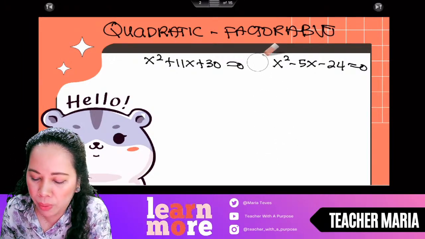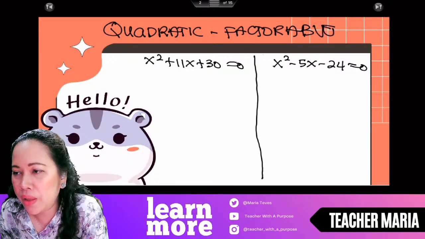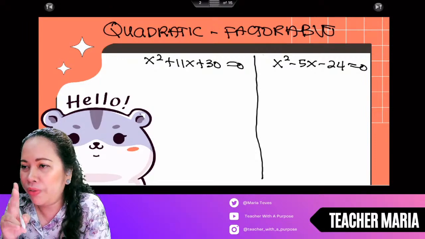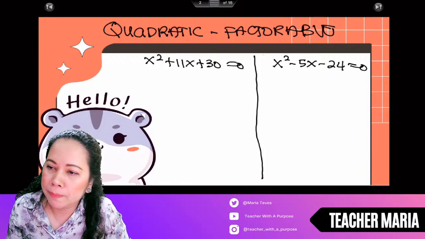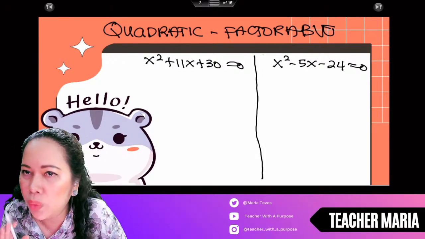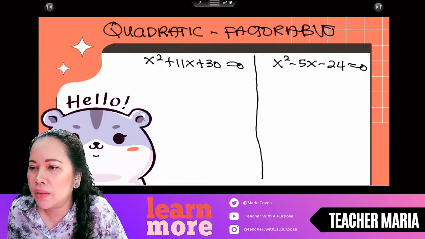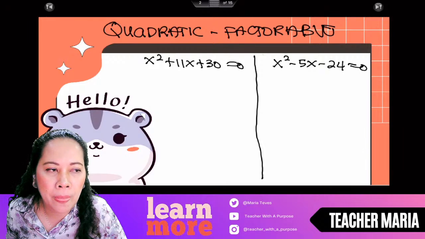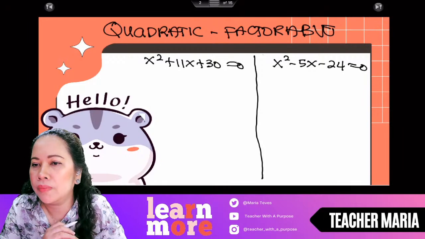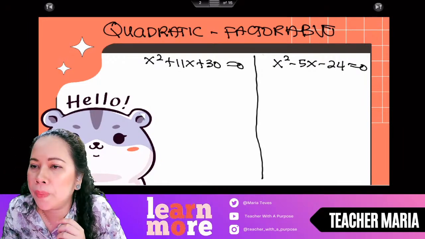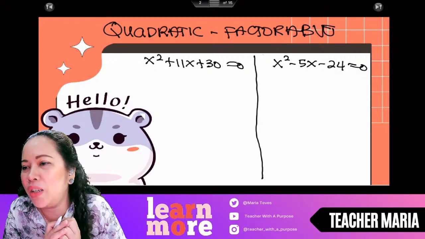Find the factors for both, and identify which pair of factors works.